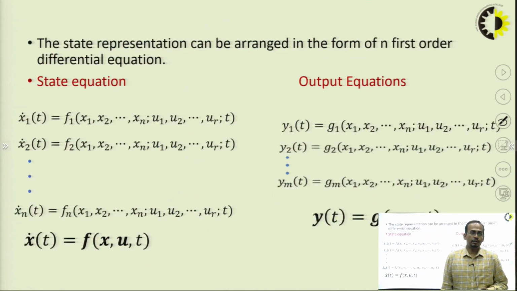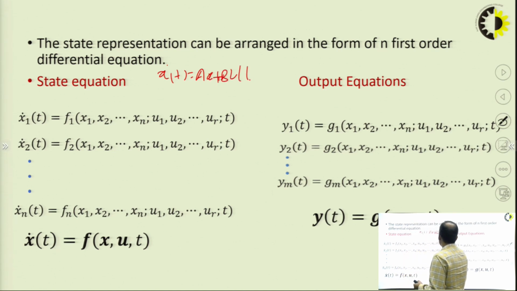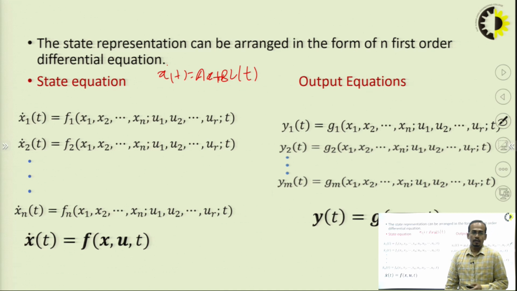Now how will you represent these equations? This is nothing but the state equation: x dot t is equal to A x(t) plus B u(t). y(t) is equal to C x(t) plus D u(t). This is nothing but the output equation. So it is clear that x dot t is a function of x(t), u(t) and t.